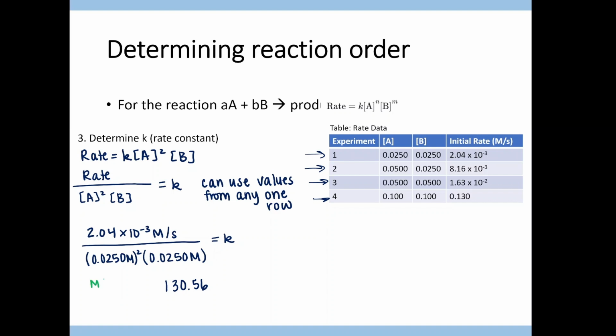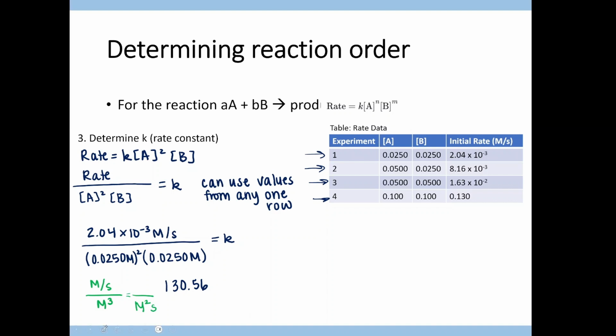So we have molarity per second over molarity cubed. When you have a unit on the top and the bottom of a fraction, you subtract one exponent from the other. We have molarity cubed on the bottom, one on the top. So that means that we will have molarity squared on the bottom and no molarity at the top. That got canceled out. And then we also have that per second at the top, which we can move into the denominator.